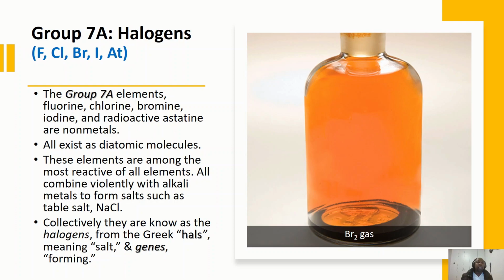These elements are among the most reactive elements. All combine violently with alkali metals to form salts such as NaCl. They readily combine with metals because most of them are close to attaining an octet.